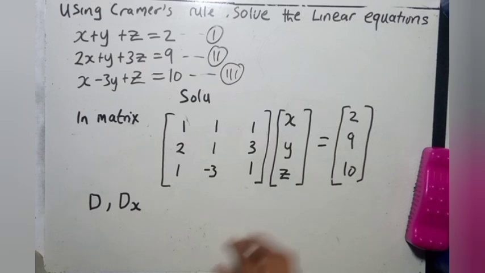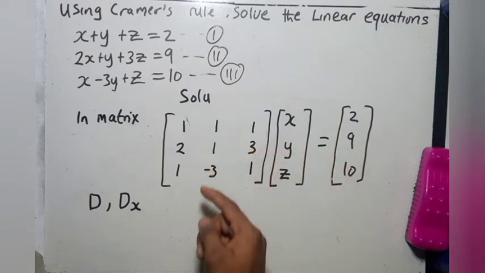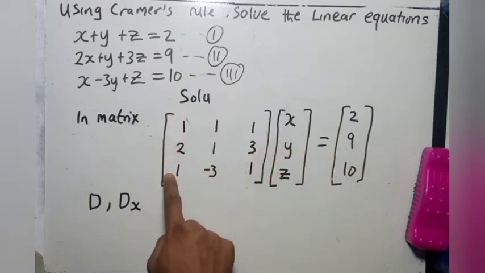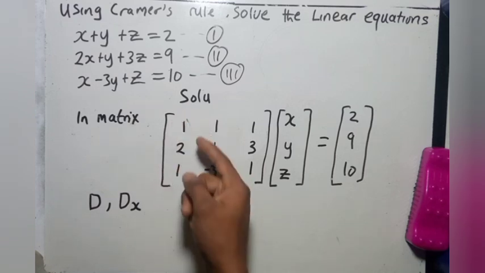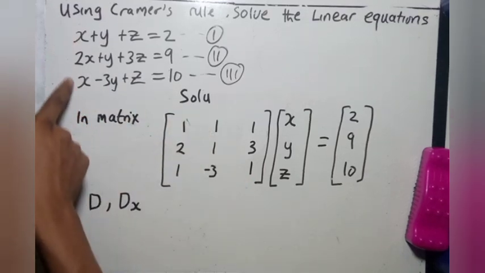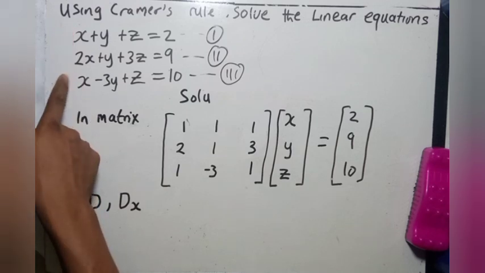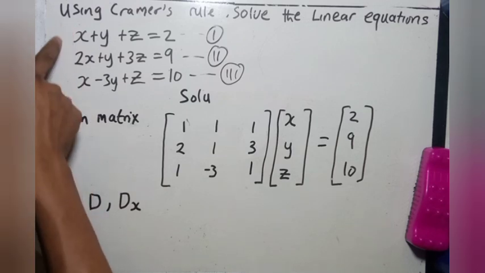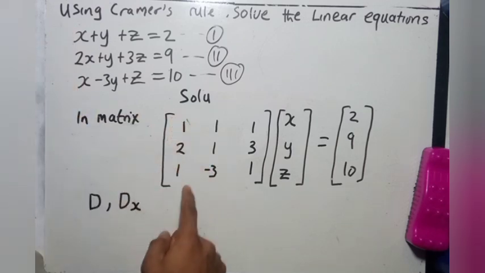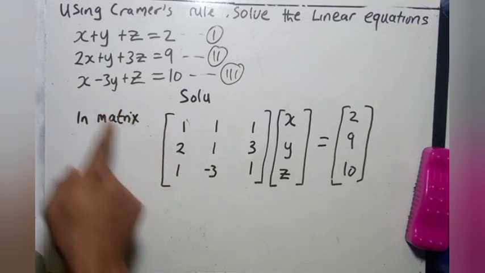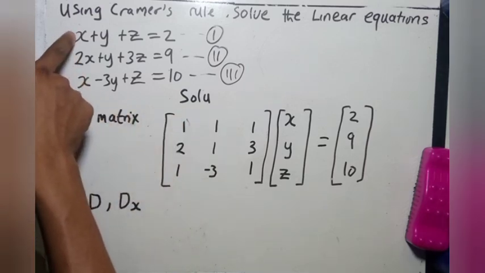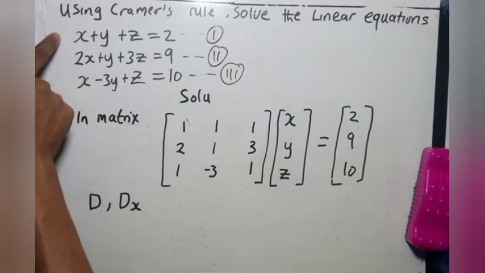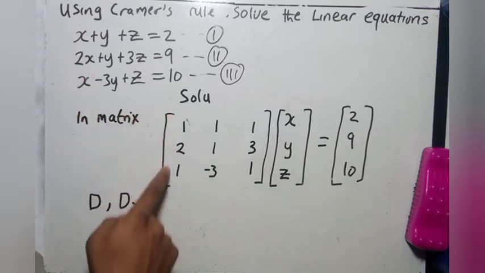determinants where you replace this column. If you look at the equations given to you earlier, notice that this column is actually the values of the coefficients of x, which are 1, 2, 1.